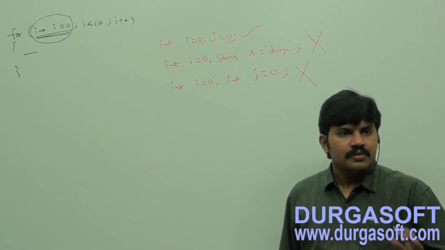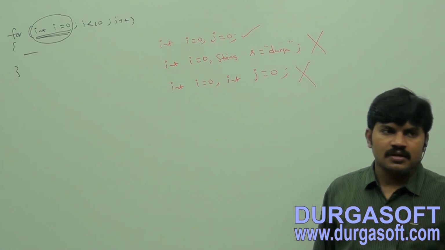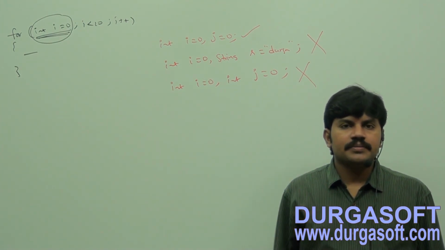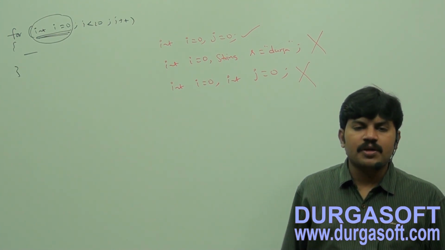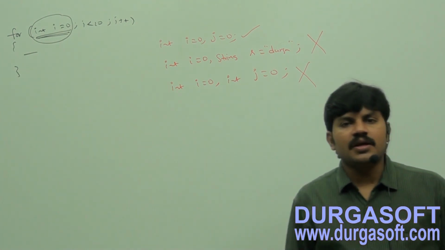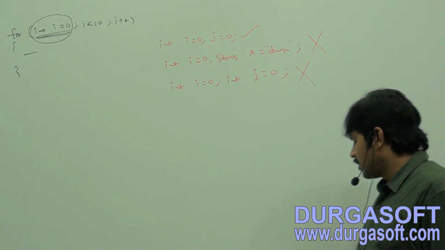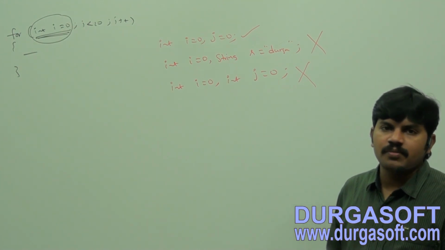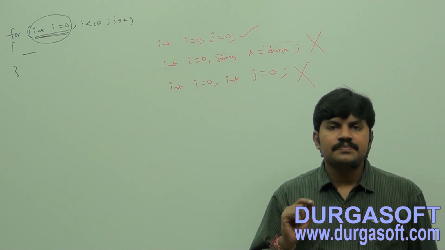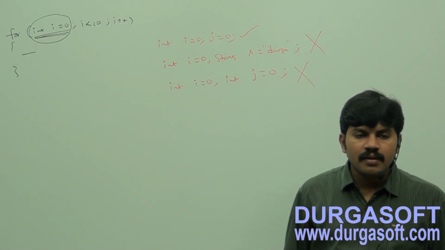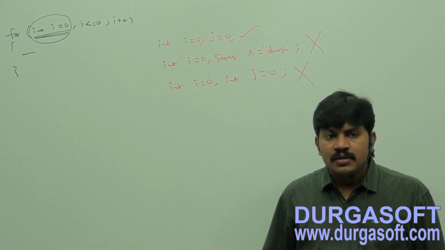Next, third point: here we can declare any number of variables, but they should be of the same type.